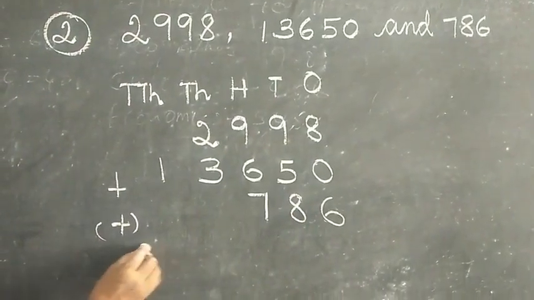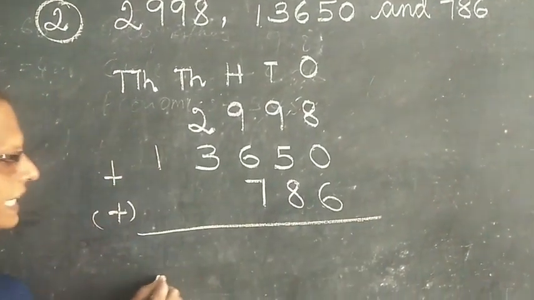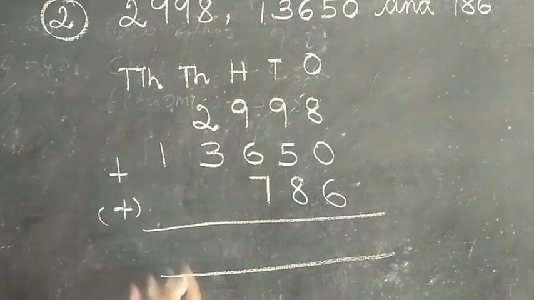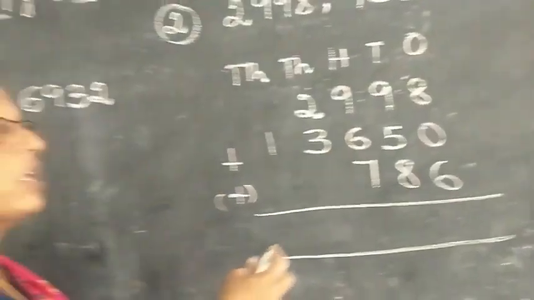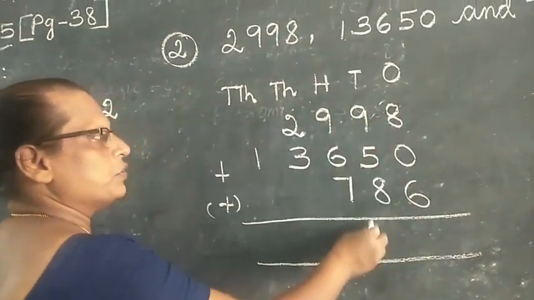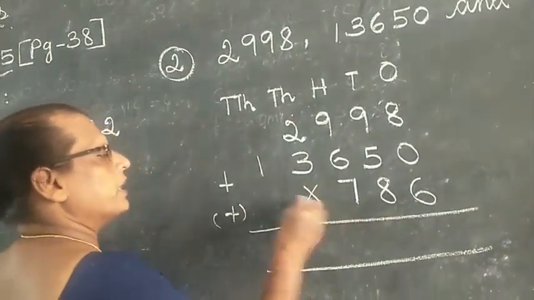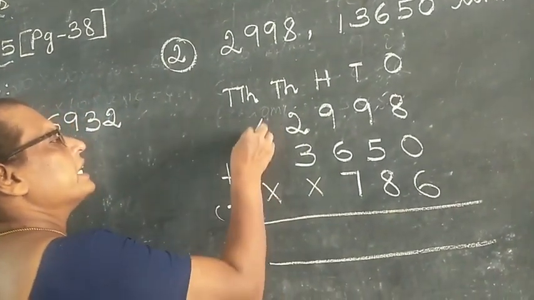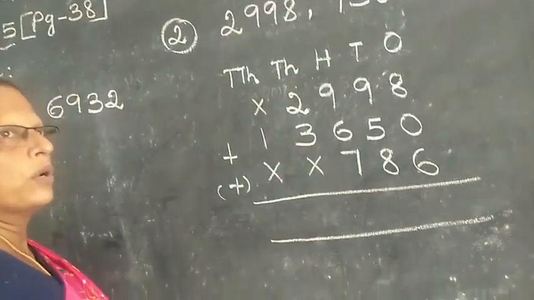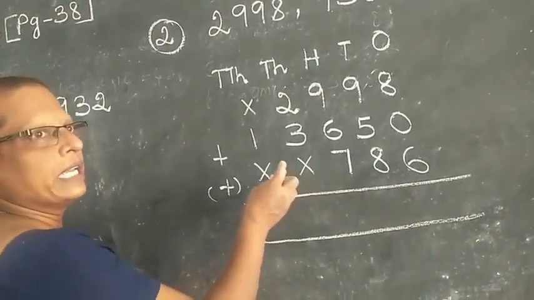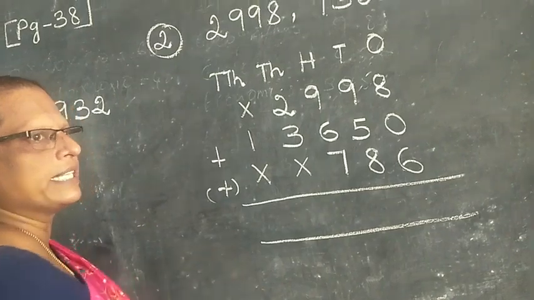See, while writing the numbers should be in a straight line, otherwise you will get confused while adding the sums. So you have to write straight. Okay, children? See, here also no number, here also no number, and here also no number. So while writing it should be very neat and orderly, otherwise it will be wrong.